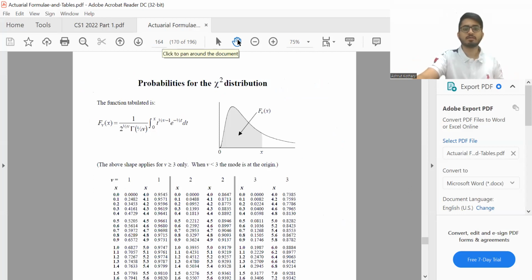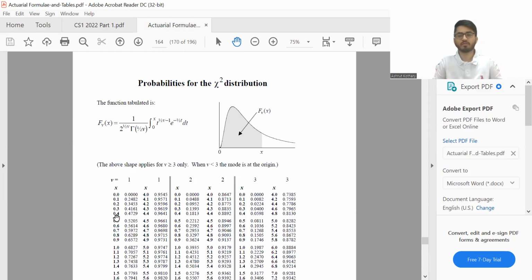So here, if you see page number 164, probabilities for the chi-square distribution. Here you will see values of V given as 1, 2, 3.